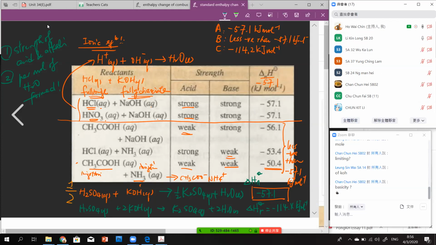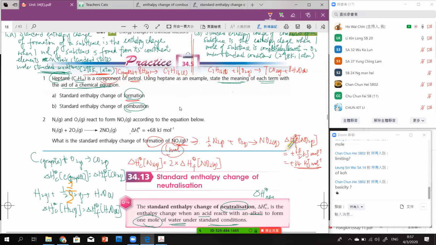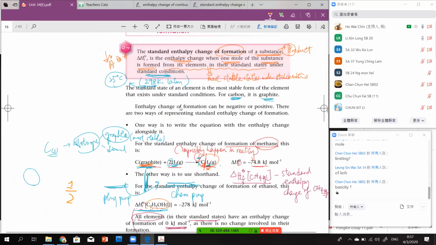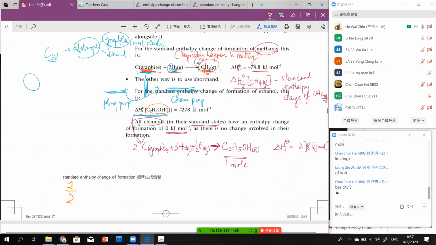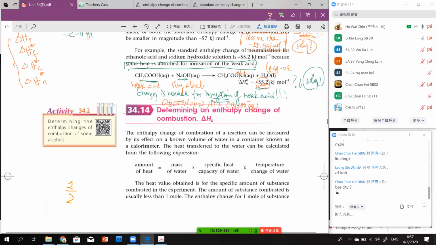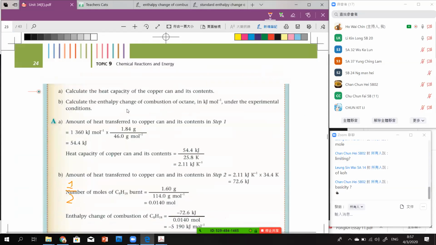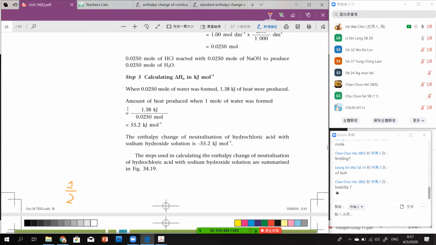Instead I will go through some of the questions, especially for getting to know neutralization, formation, combustion, right? Because last night you just got to know what they are, but once you go into practice, you still don't know. So shall we go over to the MCs?